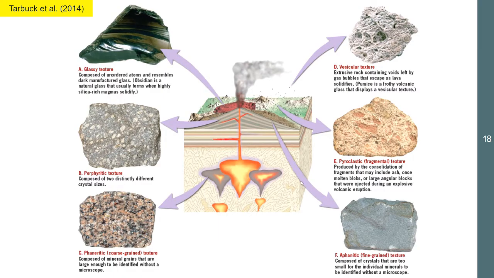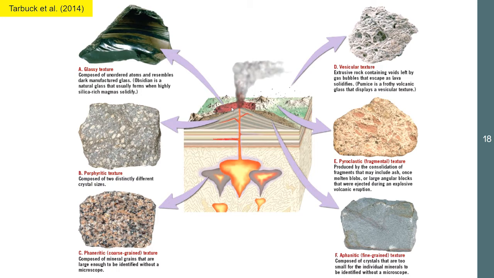Now this shows us the types of igneous rocks and the location where they specifically form. If an igneous rock has a glassy texture, just like this obsidian, it looks like natural glass. It's usually formed when high silica-rich magmas solidify quickly, somewhere here.